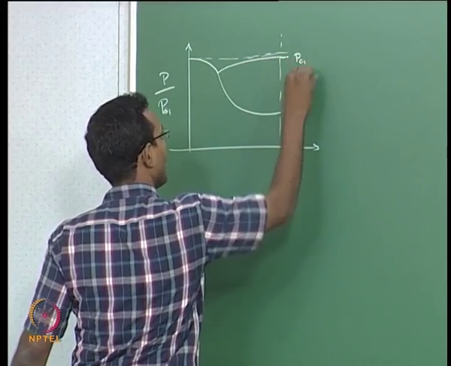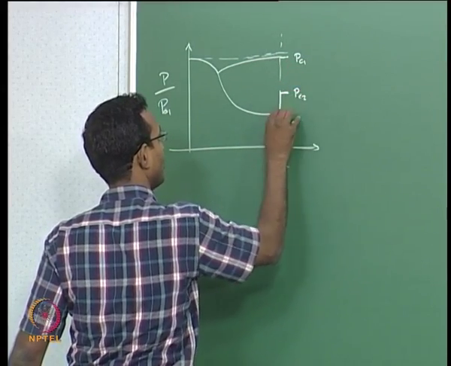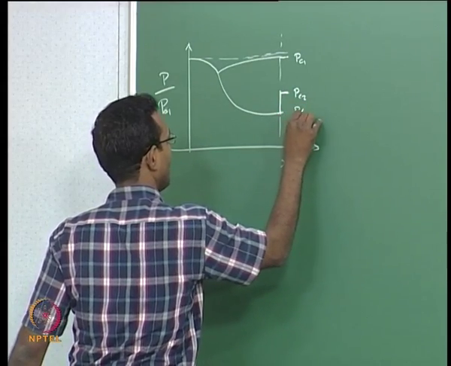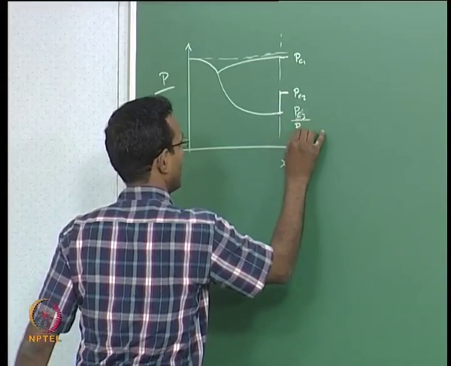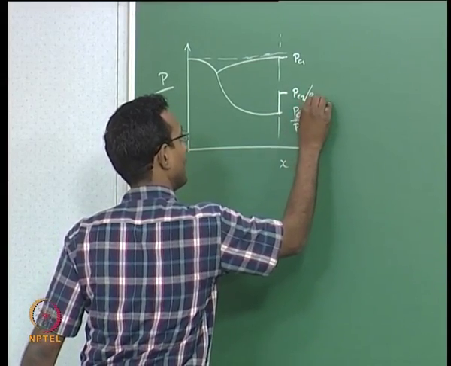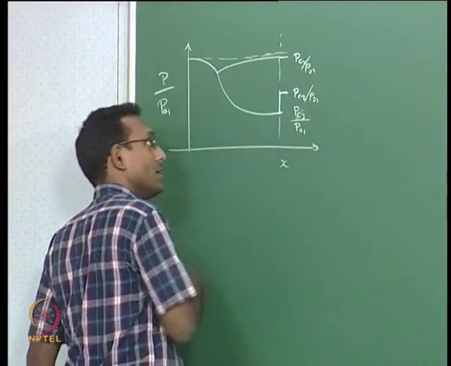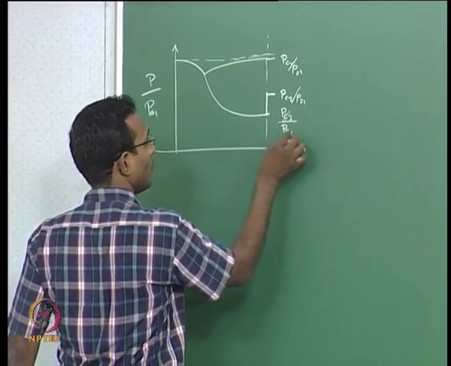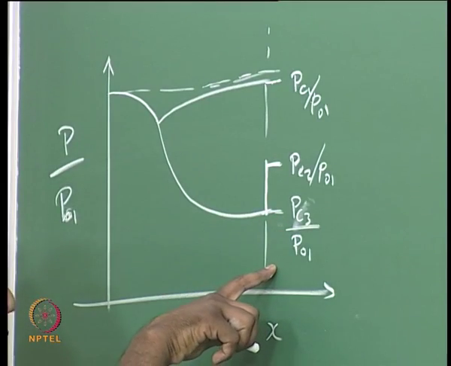This is my P critical 1. If there is a shock at the exit, that becomes P critical 2. This is my P critical 3. Everything is divided by P01. So now we want to solve the cases where the pressure is below this P critical 3.